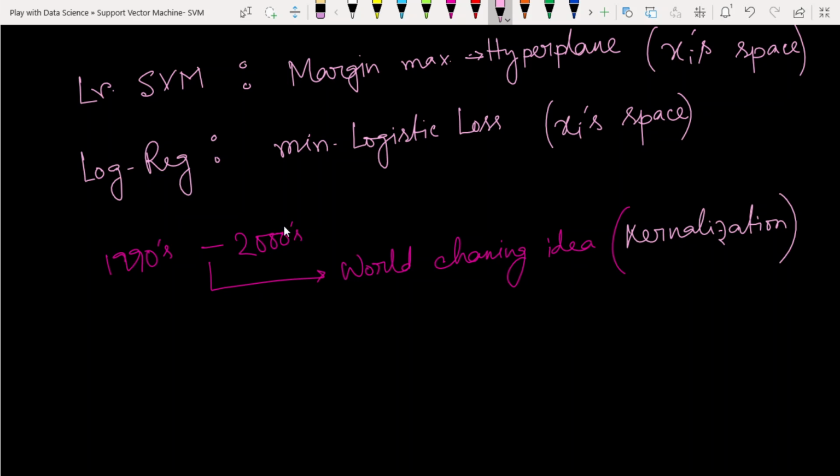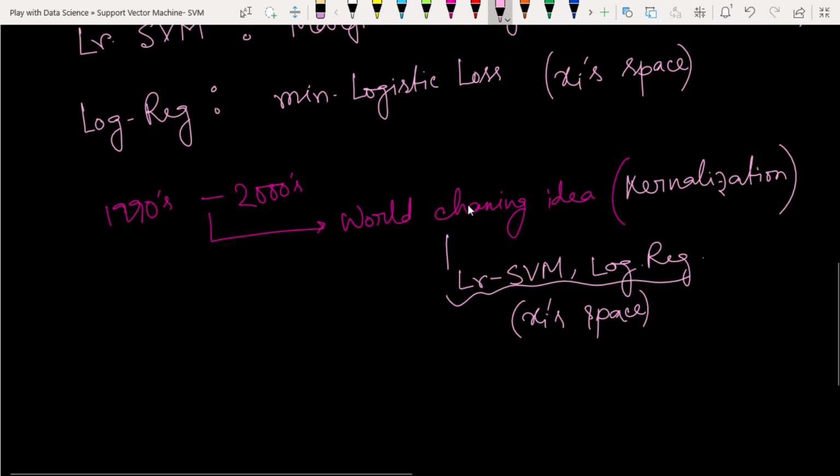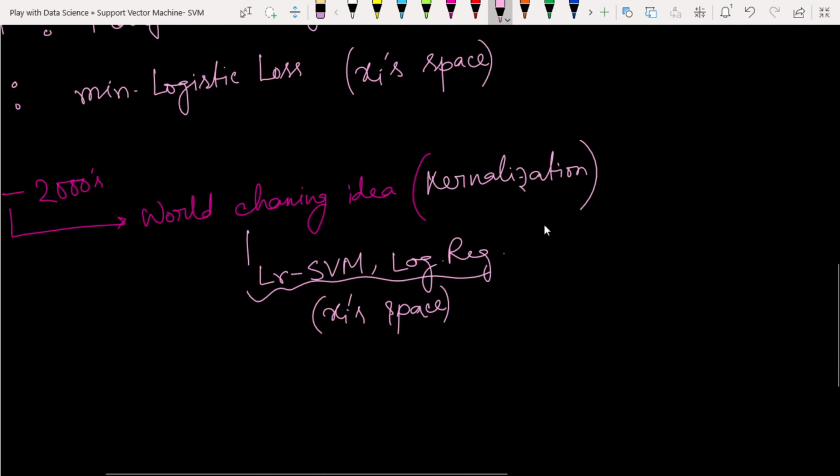In this decade, this is the most useful classification technique: the kernelization technique. We will see that linear SVMs and logistic regressions both work in the xi space, but here the kernel trick works differently.